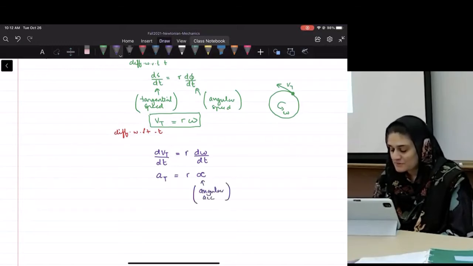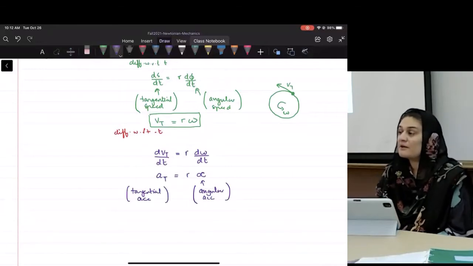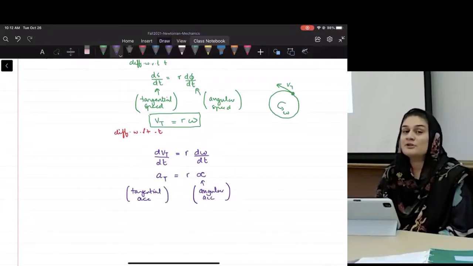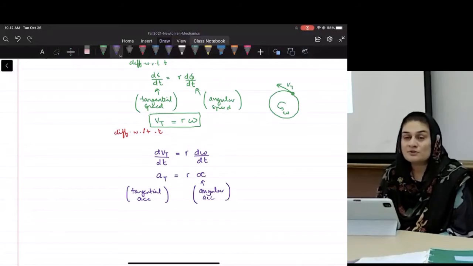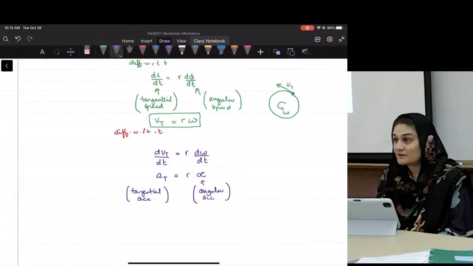Why am I being so specific about this? The reason is because I want to make sure that we do not get confused between centripetal and tangential acceleration. They are two different things. Got it?